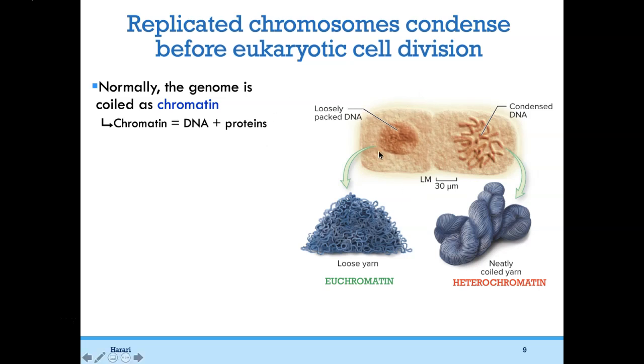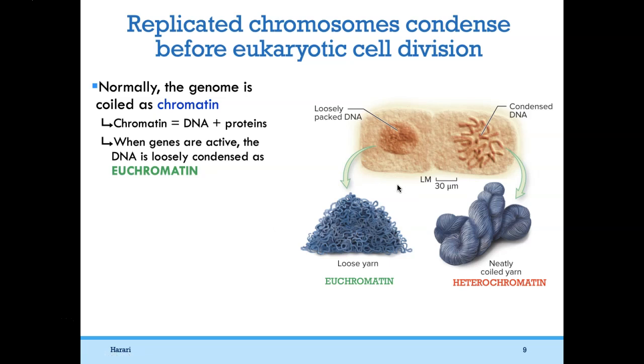But normally, in a non-dividing cell, chromatin is very loosely packed. So when genes are active and the cell is not dividing, the DNA is loosely condensed, and we call this euchromatin. When it's loose yarn, like loosely packed DNA, we call this euchromatin.